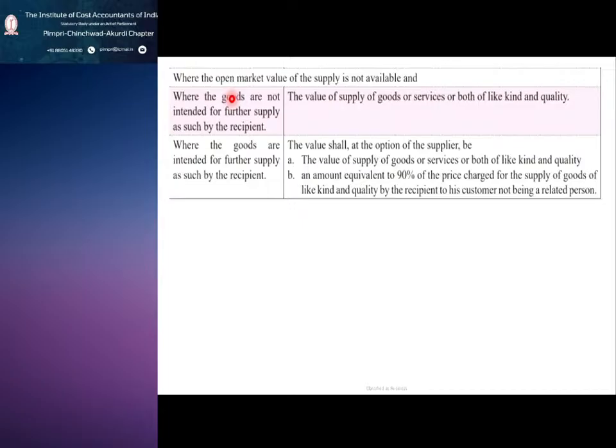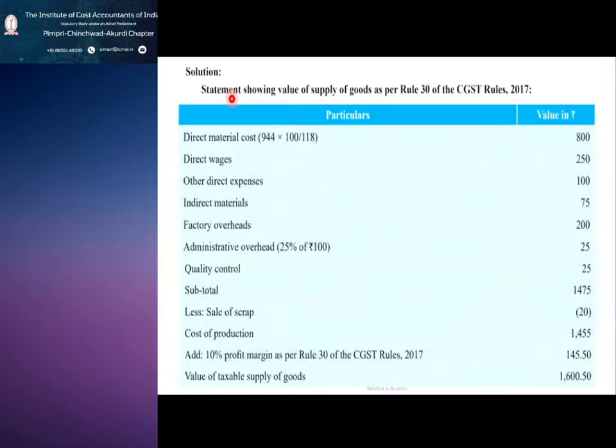Rule 30 is a cost sheet. You need to remember, if they say calculate the transaction value as per rule 30, it means the same way you prepare the cost sheet. The very important one in rule 30 is 110%. That is why the 10% profit margin you directly add to the cost of production, and you will get the value of taxable supply of goods.